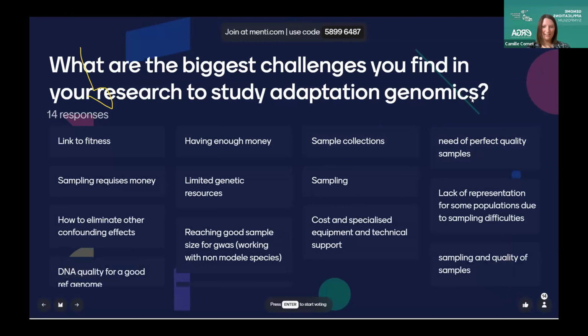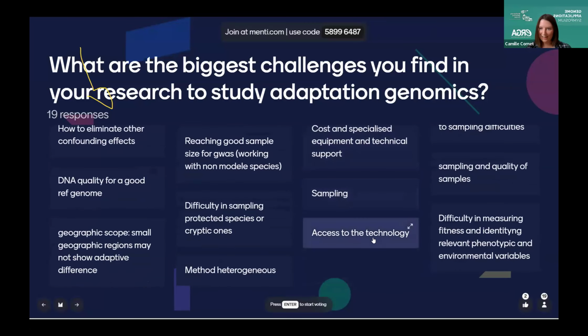DNA quality, reaching a good sample size for GWAS, for sure. Cost and specialized equipment, technical support. A lot of people are mentioning sampling, and I think this is where, depending on your species of interest, it might be very different. Some people might be luckier than others, and yeah, for sure.